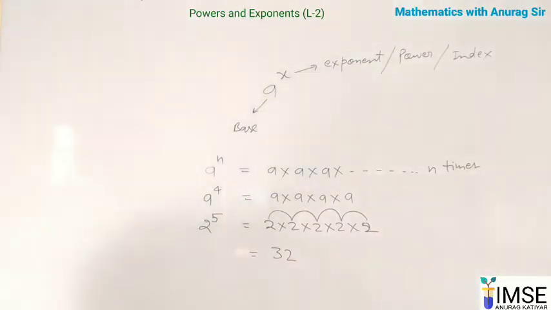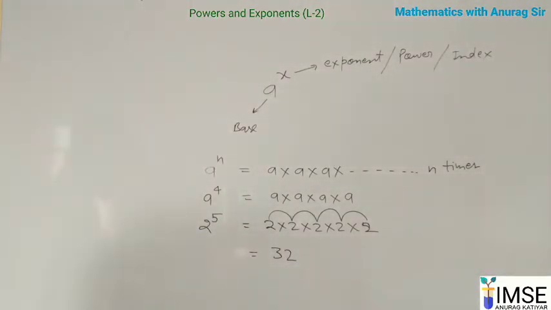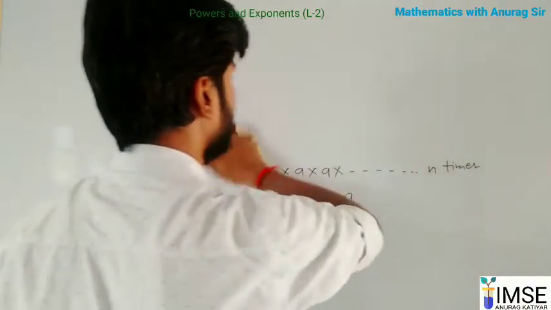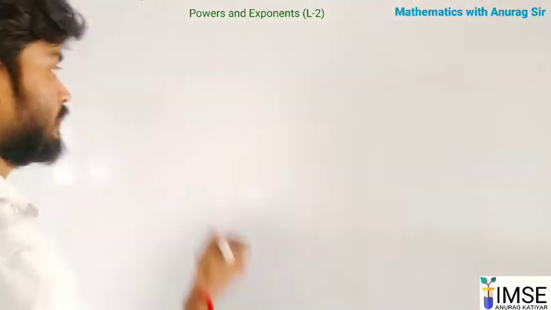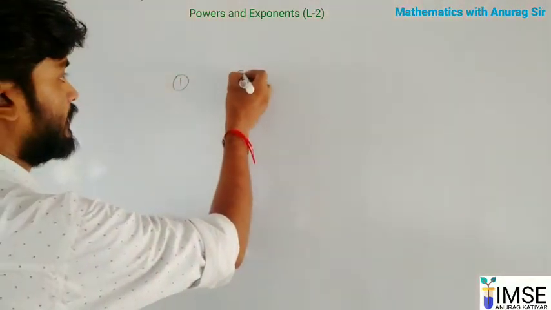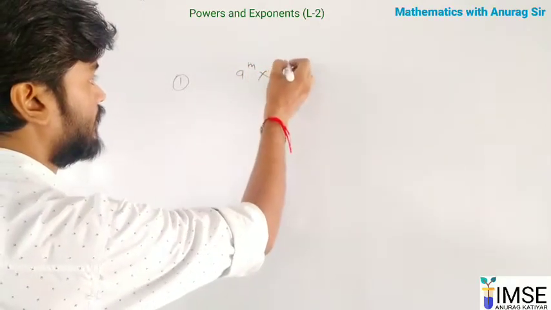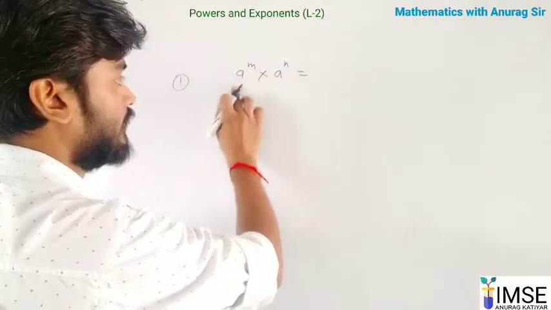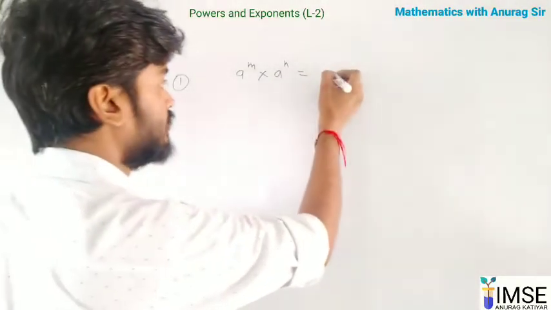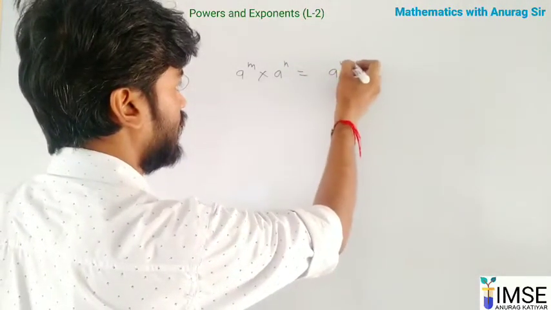So dear students, firstly we note down some important formulas here. The first formula: a to power m into a to power n is equal to, if the bases are the same in multiplication, we add the powers or indices.